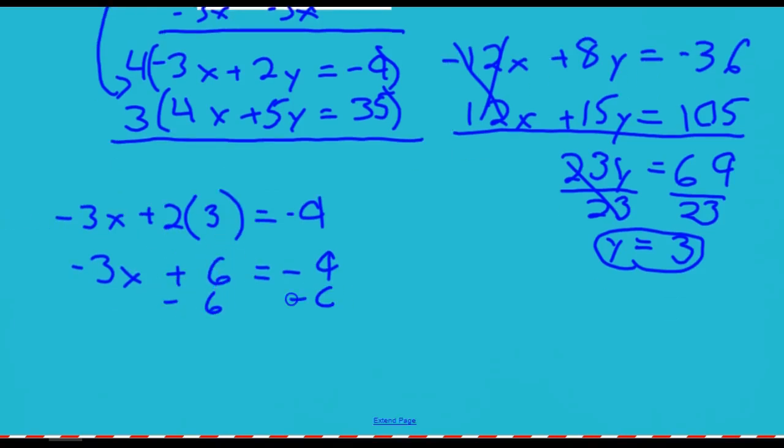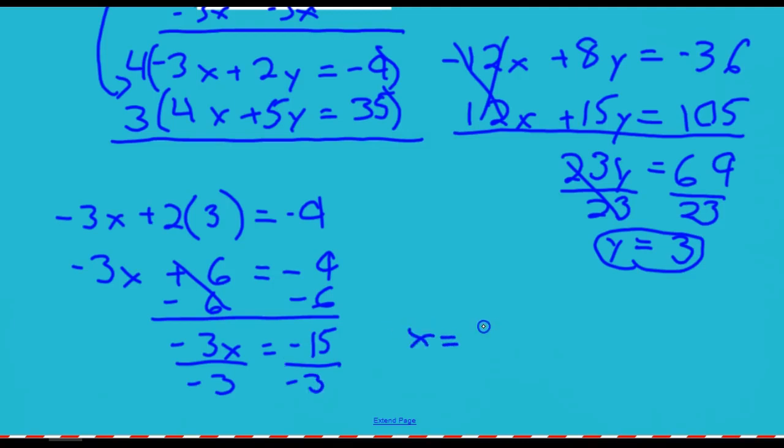I subtract 6, get negative 3x equals a negative 15. X equals a positive 5. So our solution is 5, 3.